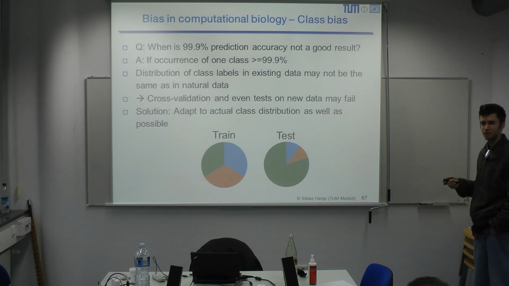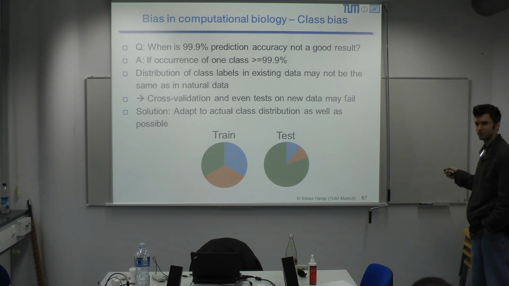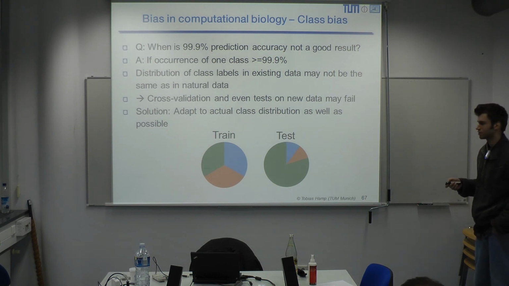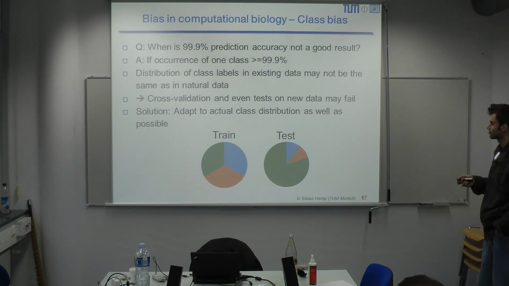So we have 1,000 samples and 999 of them are in one class and one sample is in another class. In this case, if you would randomly predict, you would already immediately get a 99% accuracy. So the only way to improve is really to predict all the ones correct.